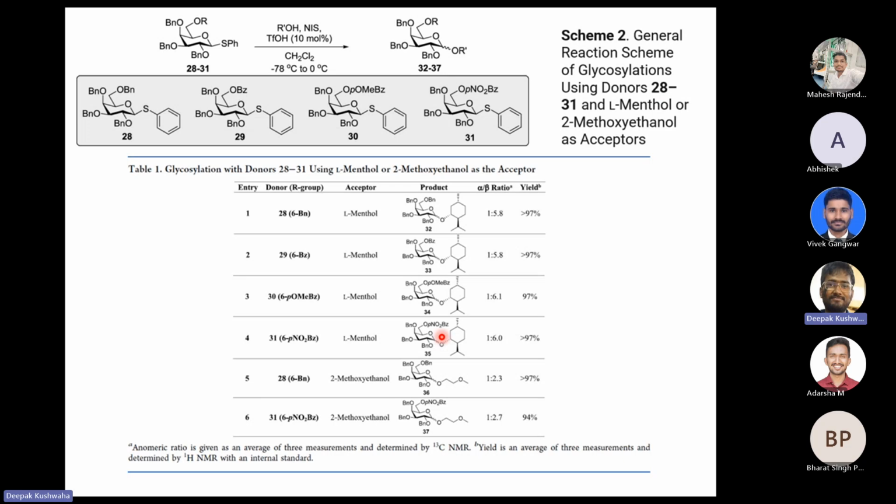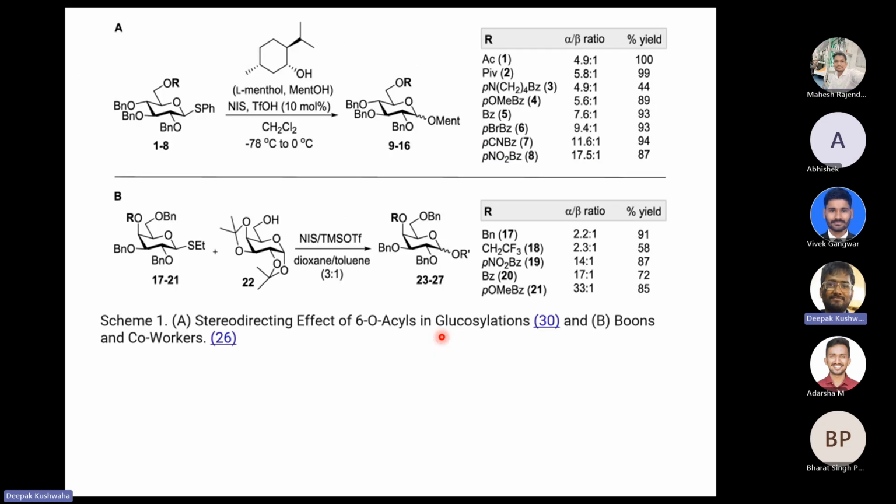They are not sure exactly what is happening, but they think that by changing the electronics, possible intermediates form, like SN2 or SN2 prime, a carbocation forming, or some in-between intermediate. So they are suggesting that at that level some change is happening, but they are not able to establish it yet.